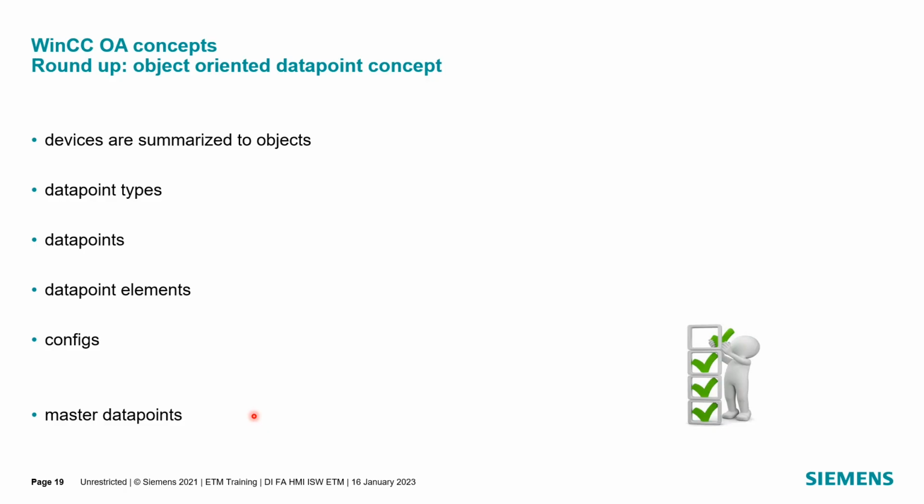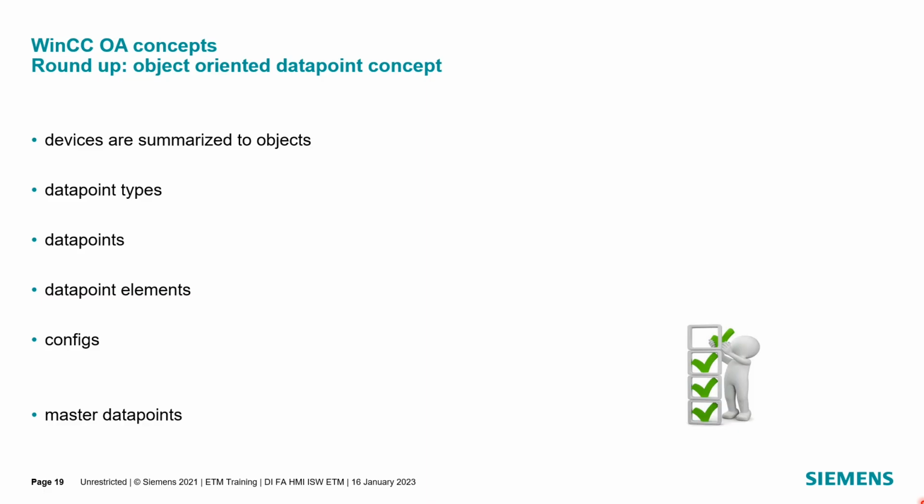So to summarize that a little bit, we always want to create a data model which is representative of a real device in the real world. We will always have to do a data point type first, which holds the structure and the type.